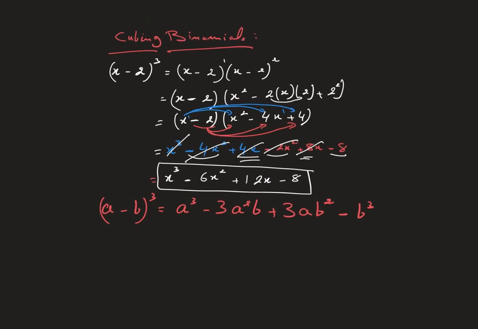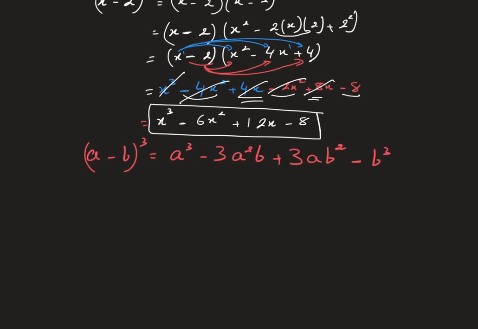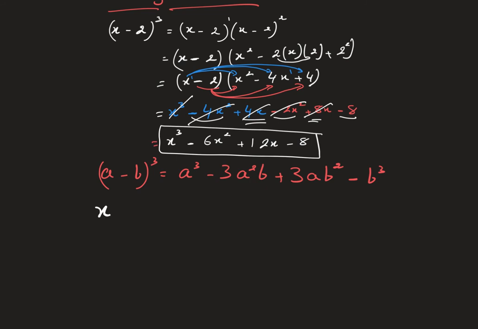And we can use the same example as we have here, which is x minus 2 to the third. Let me write this one down here. And that's going to be x to the third, right?